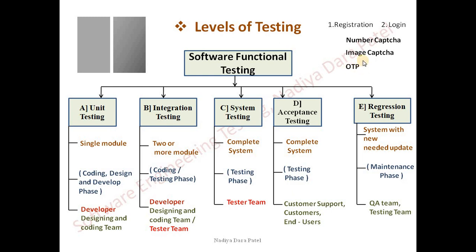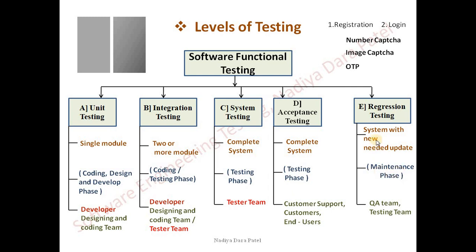Now this is again a new requested change, and our system needs an update. So again we will take that update, ask our development team to make the necessary changes, perform regression testing, add the new update, and reinstall the system. So this regression testing takes place in the maintenance phase.